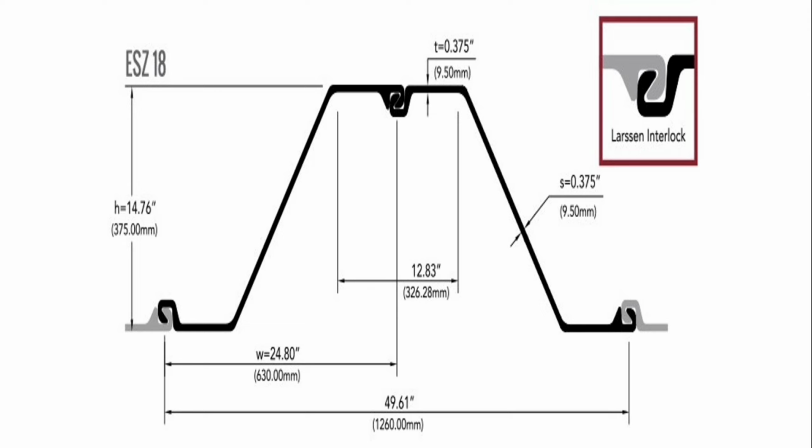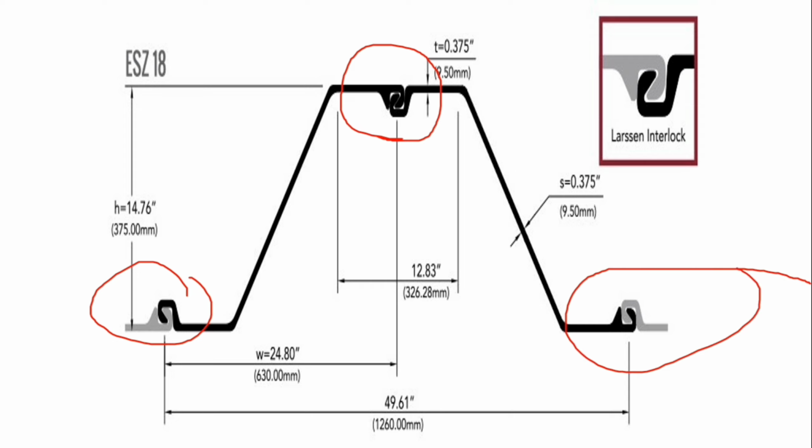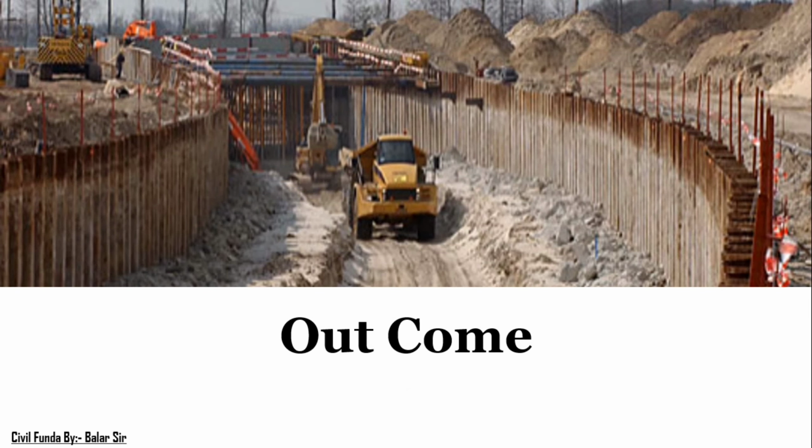Now this is only for knowledge purposes, to show how it is interlocked. Here are three alternatives for how you can interlock each and every sheet pile. When you utilize these, this is how your final outcome will look. Here is your outer area, and this is your excavation area, and the outer area can be used for transportation purposes.